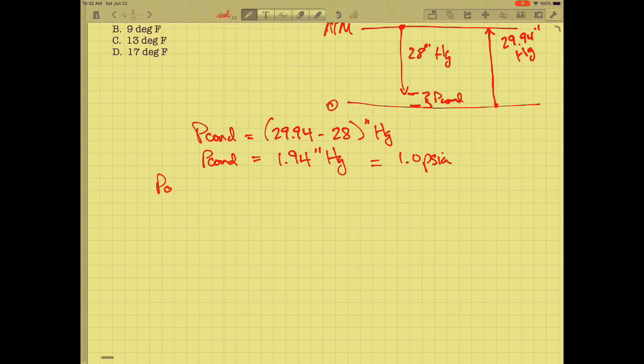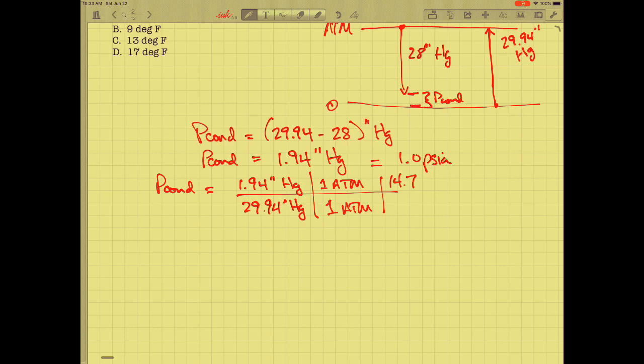So condenser back pressure is equal to 1.94 inches of mercury. 29.94 inches of mercury is equal to 1 atmosphere. And 1 atmosphere is equal to, what, 14.7 psia, or 15 if you want.